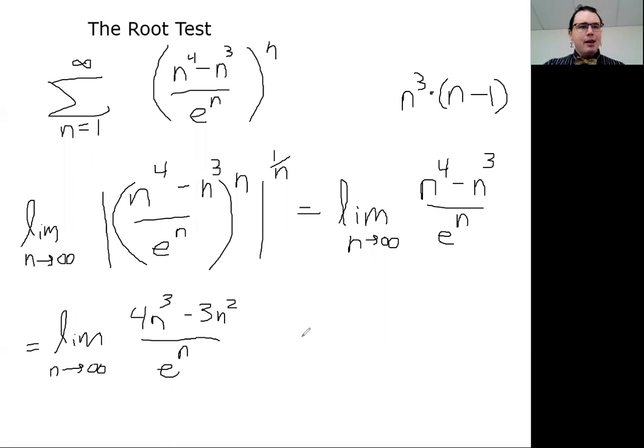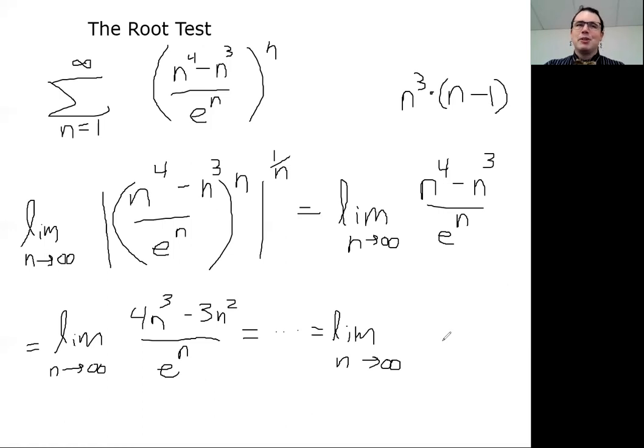Okay, then I still have a polynomial divided by an exponential function, and the numerator is still going to positive infinity. I'll need to do that factorization trick one more time, maybe 2 more times, in order to justify using L'Hopital's rule again. But I can see that I would have 12n squared minus 6n to the power 1 divided by e to the power n.